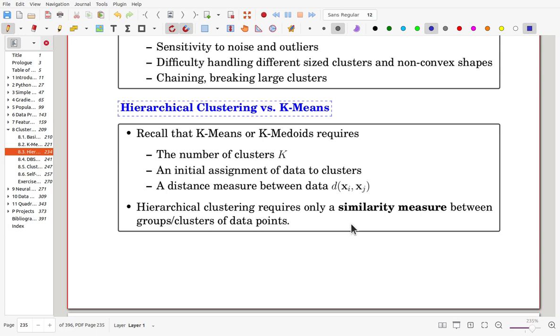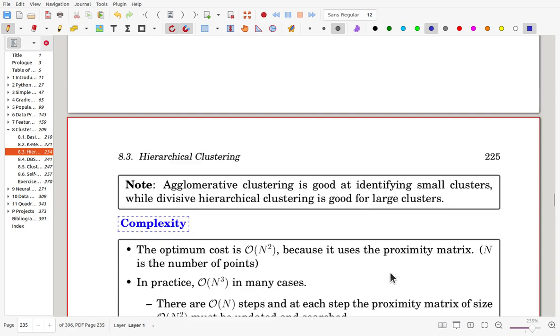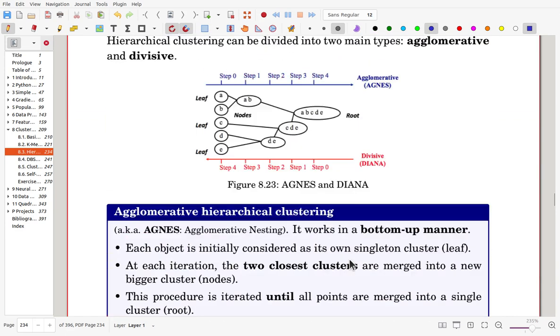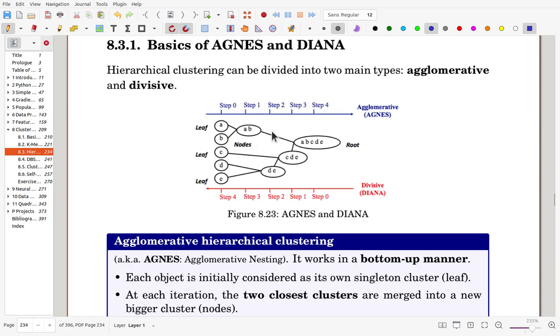So it is a little bit flexible, and in fact, it is producing a series of clusters, so that in each level you can specify the clusters. If you work up to this level, then you can see there are 1, 2, 3 clusters.